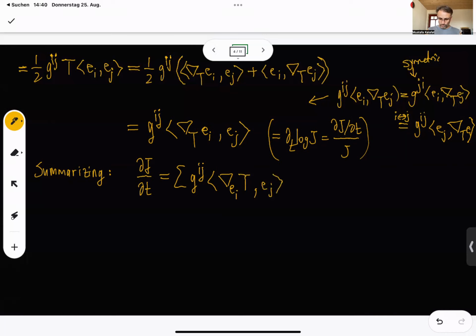So far what we proved is this derivative of J, and we haven't yet used any specific coordinates, so this is happening in general coordinates.